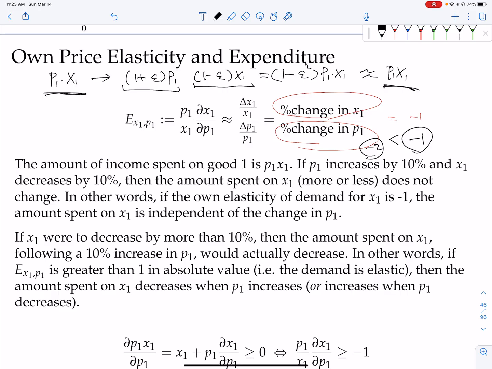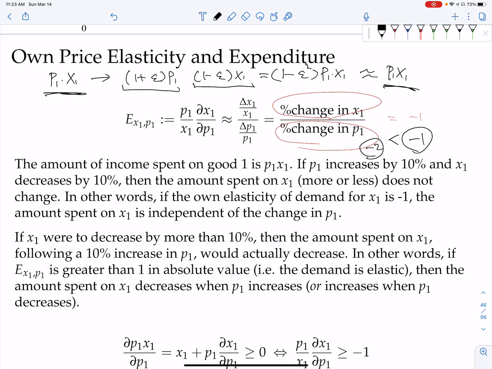Then what happens when price goes up by 1%? The demand goes down more than 1%. For example, if it's -2, then demand will decrease by 2%, so P1 times X1 will decrease by approximately 1%.